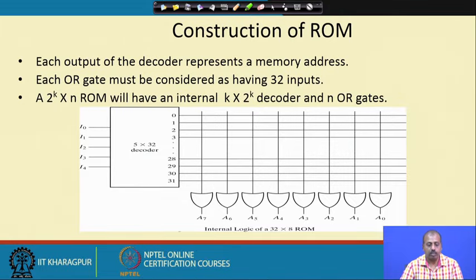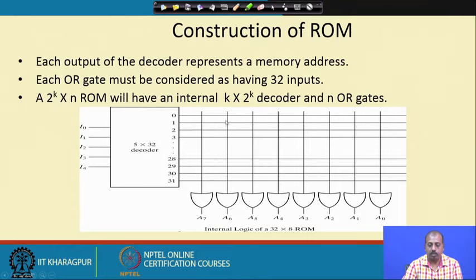Now, how do you construct a ROM? Logically, a ROM is constructed like this. Say we want to make a 32 location ROM. We take a 5 to 32 decoder, the address lines come to I0, I1, I2, I3, I4, and then these 32 lines come out of the decoder.